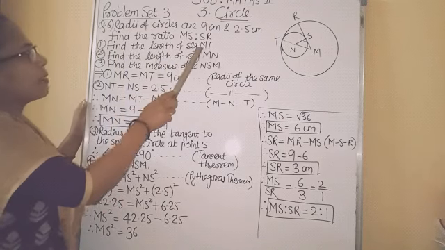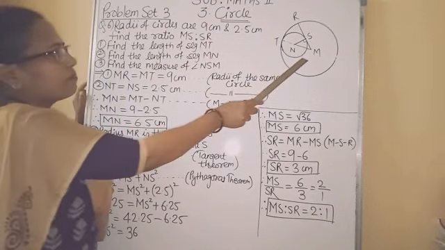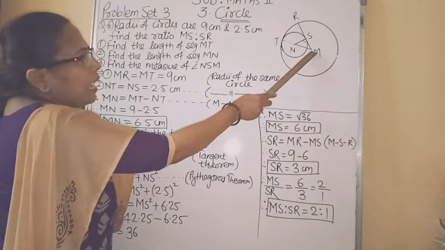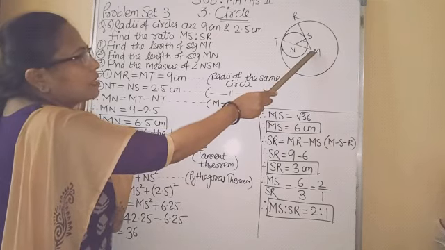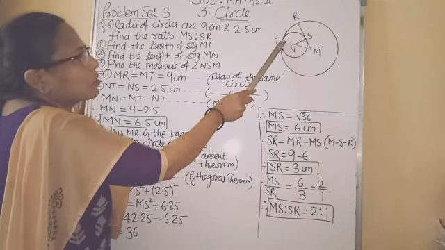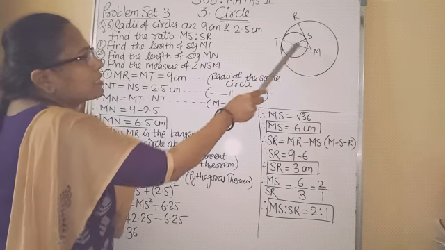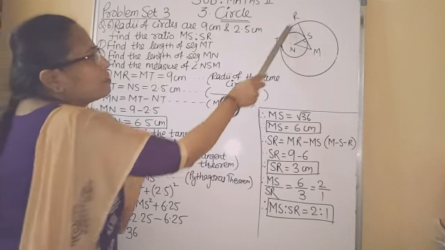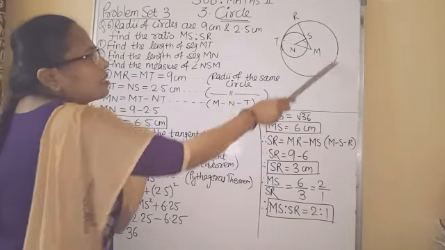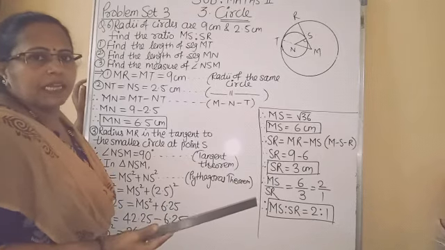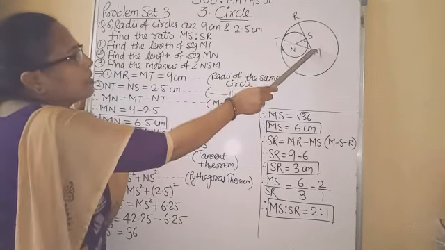Find the length of segment MT. Now observe the figure. M is the center of the circle and point T is on the circle. That means MT is the radius of this bigger circle. And which is the other radius of this circle?